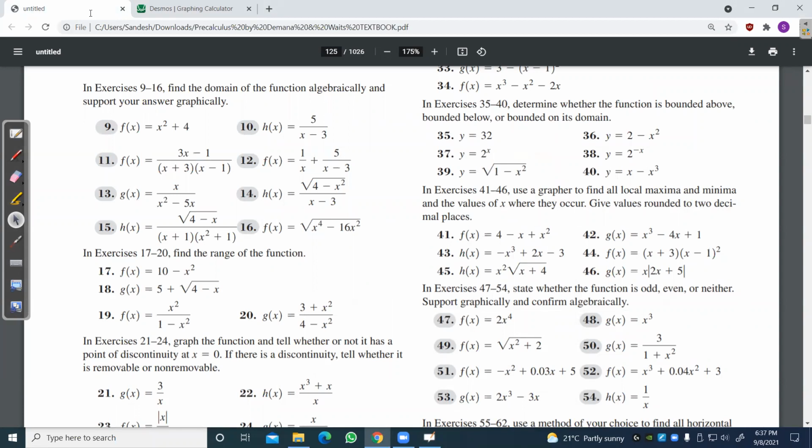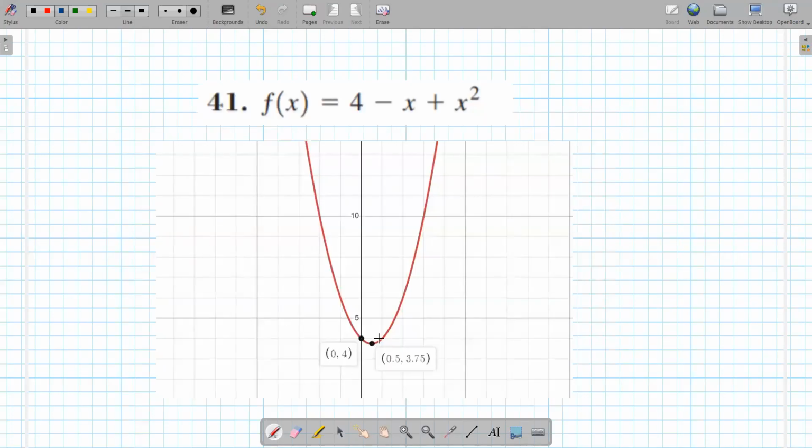It says find all the local maximums and minimums and the x values where they occur. So, super simple. There's only a local minimum here. It's not this, that's the y-intercept, but this point right here. So that's the local minimum. It's not a local maximum, it's a minimum, right?